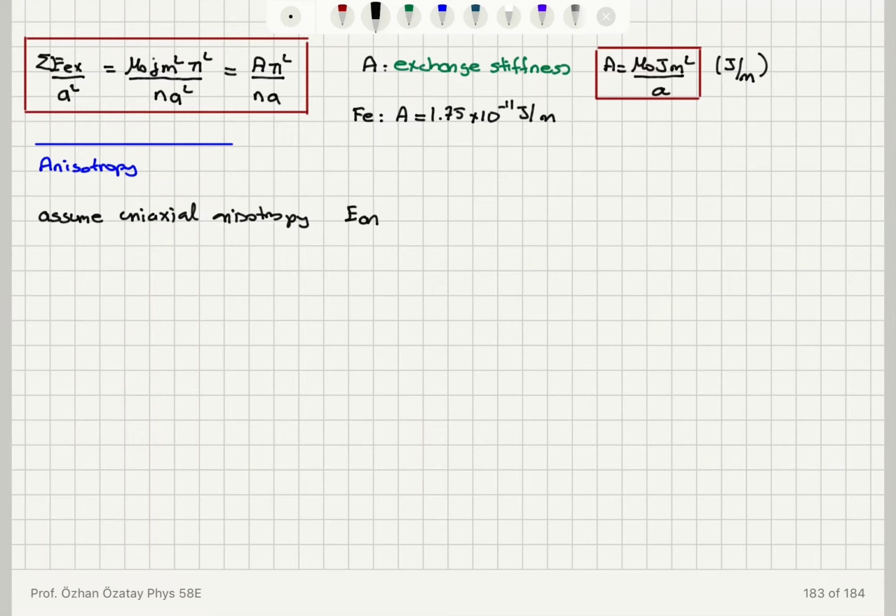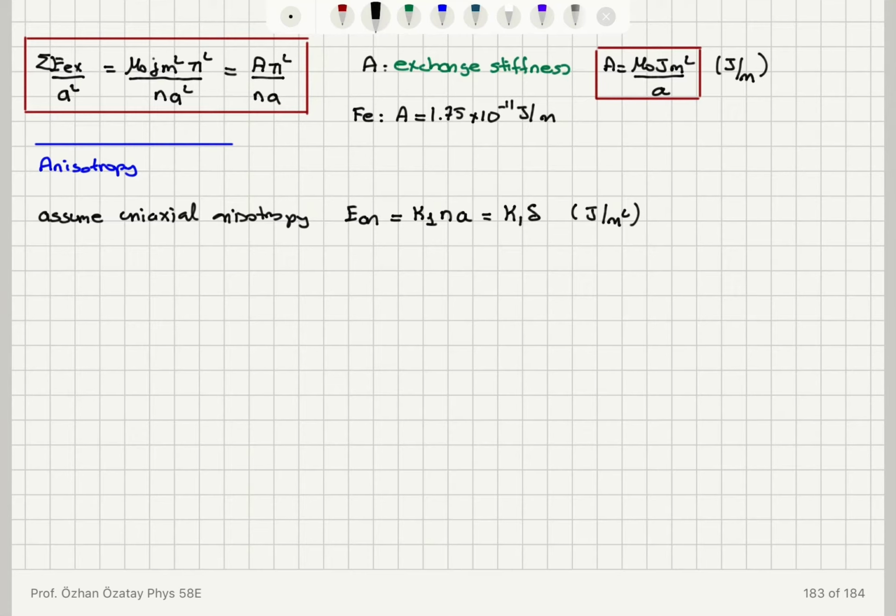If I write the anisotropy energy per area, this will be equal to K1, anisotropy energy per volume, multiplied with n times a. So this will be equal to, therefore, K1, the first approximation anisotropy constant, times delta. This is in joules per meter square. It's energy density, areal density.